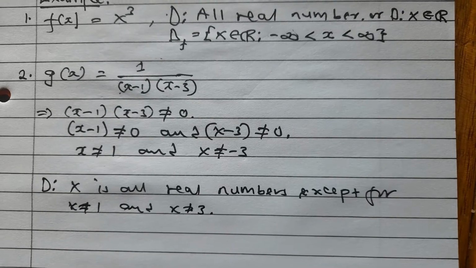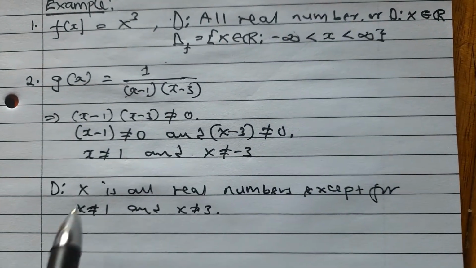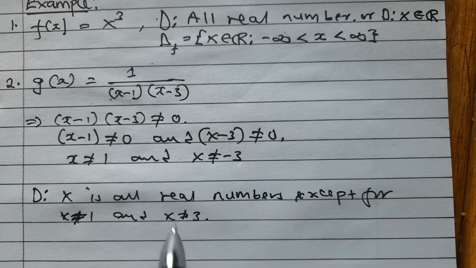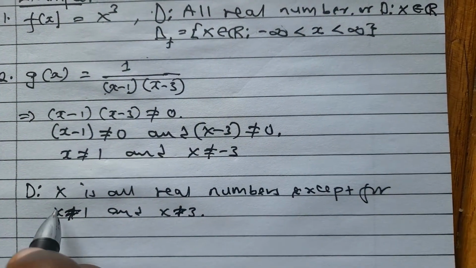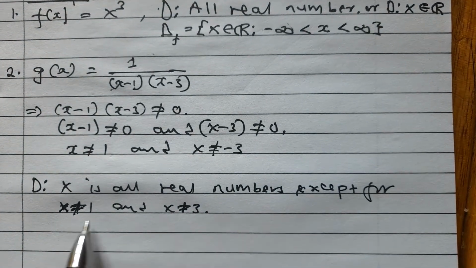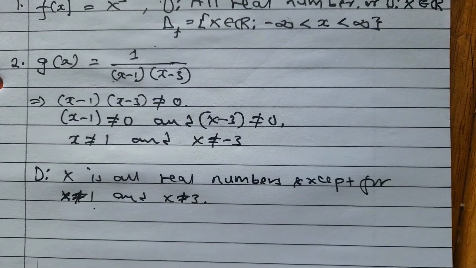Take note of the statement here. I'm not saying except for x is equal to 1, but except for x is not equal to 1 and x is not equal to 3. The moment you say except for x is equal to 1, it is as if you are saying that x equal to 1 should be included in the domain. Very important to take note of that.